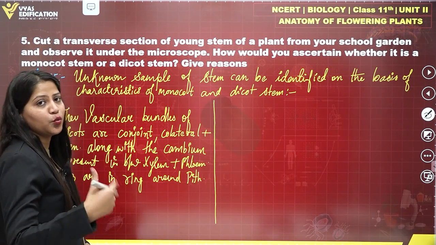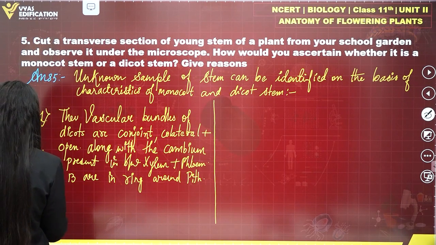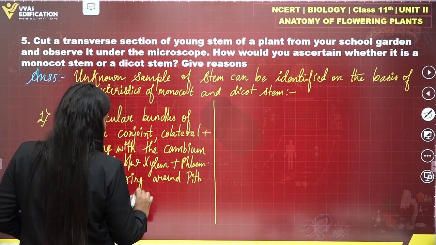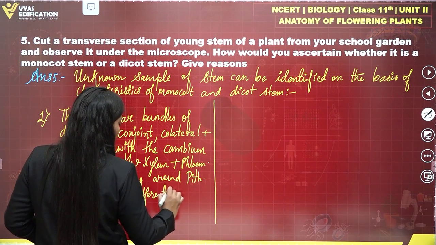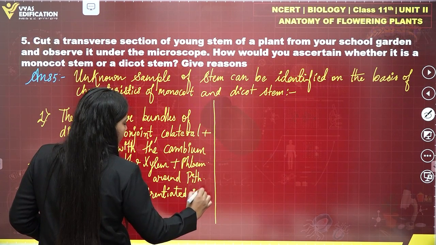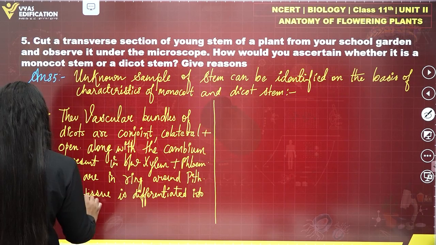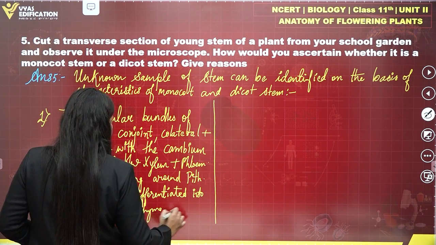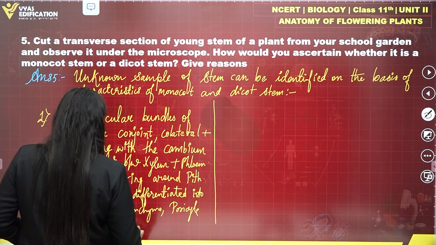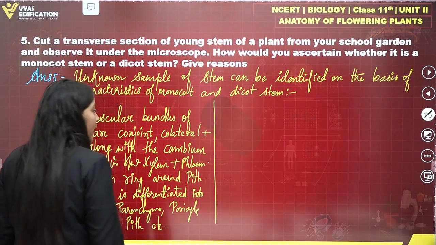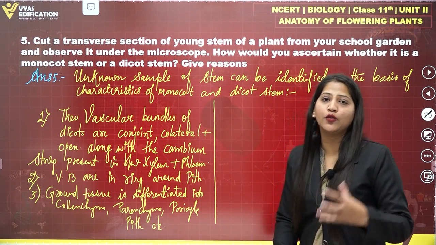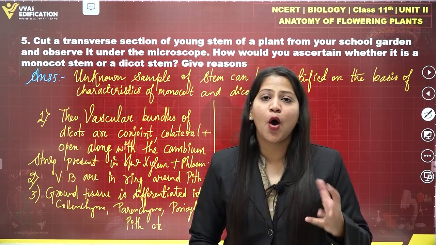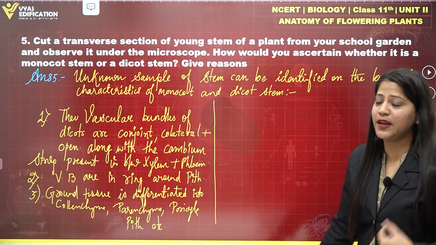And the ground tissue in dicot stem is differentiated into collenchyma, parenchyma, pericycle, pith, etc. These are some characteristics of dicot stem on the basis of which we can identify whether the sample we have taken is a dicot stem or not.